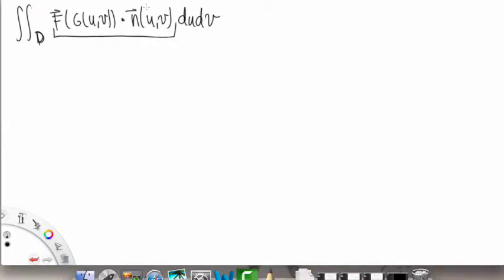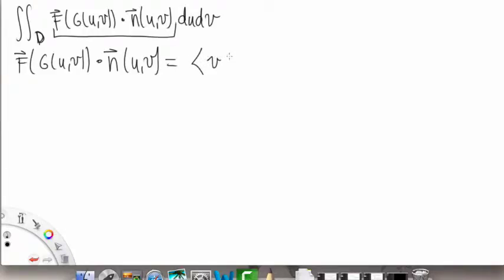So f of g of u, v dotted with the normal. So this is going to equal v squared, 0, and u dotted with the normal vector, which we calculated to be 2v, negative 4uv, and 1 as the last component.